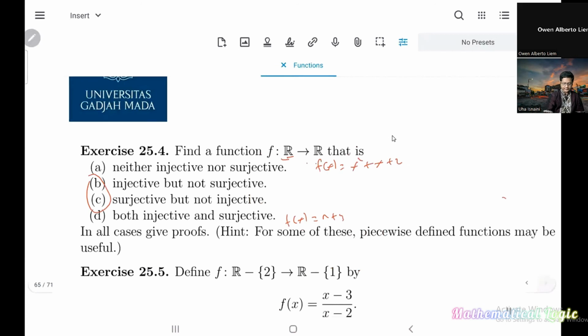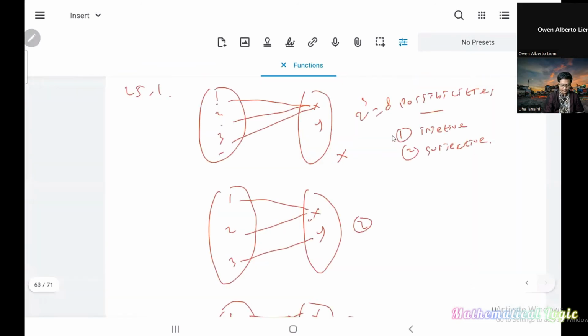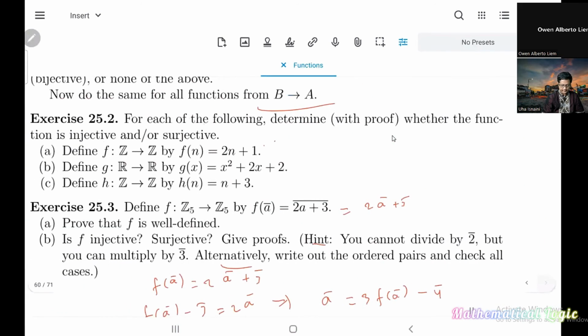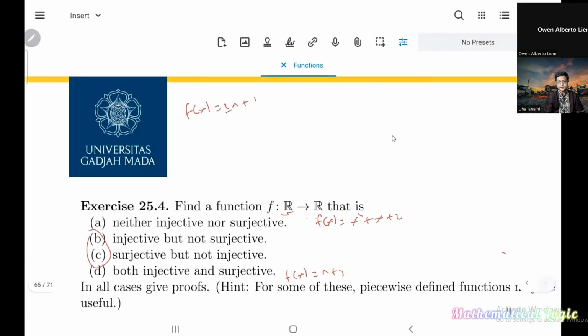Because when we try f(x) equal to 2x plus 1, this one is also surjective, right? Because we can divide by 2. Previously for this exercise, this one is in Z, right? So that's the key.